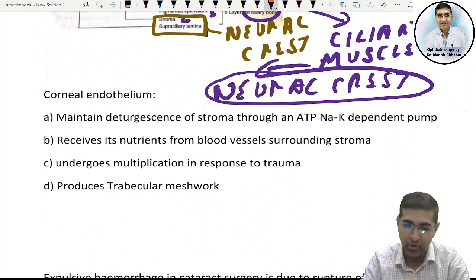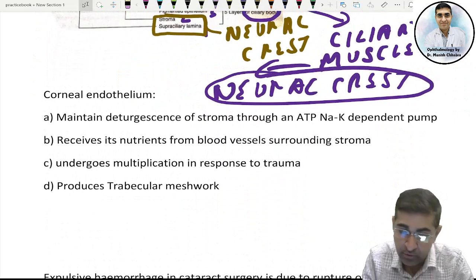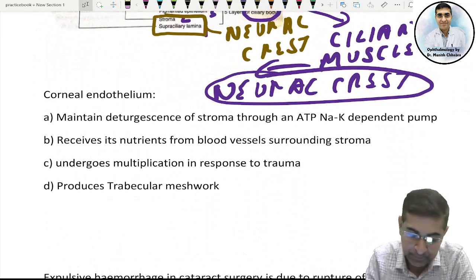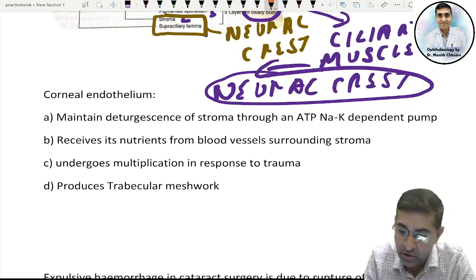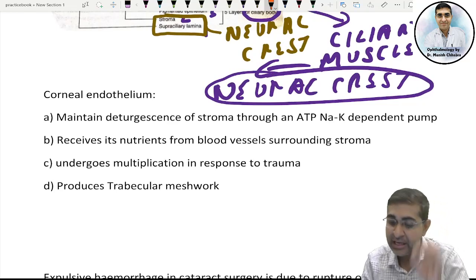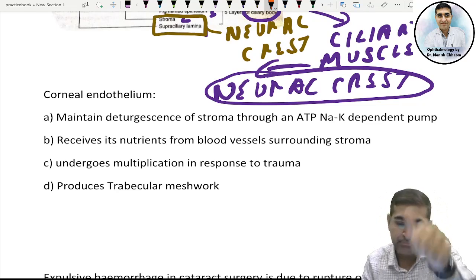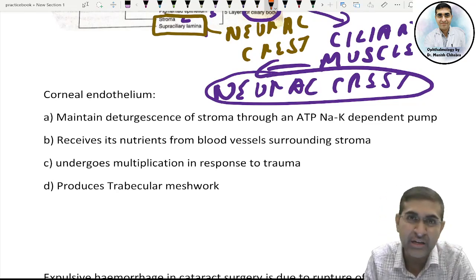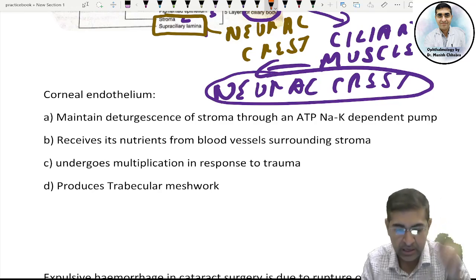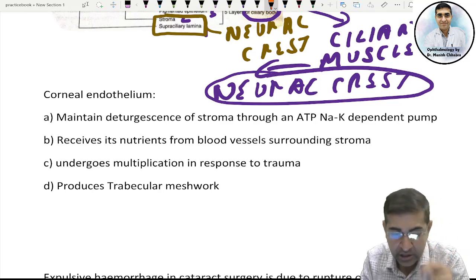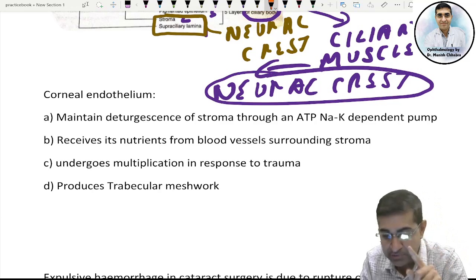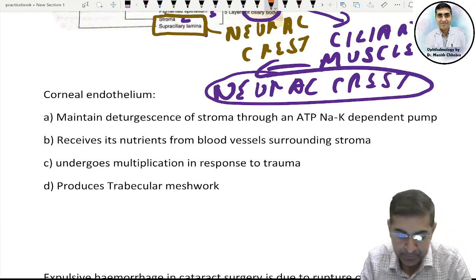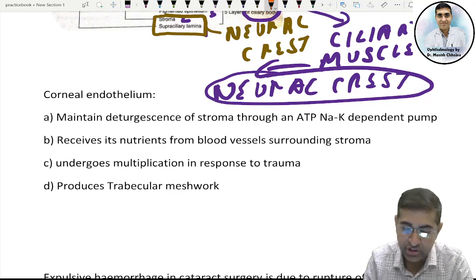Okay, now coming over to corneal endothelium. What is the function of corneal endothelium? Maintains deturgescence of stroma through an ATP sodium-potassium dependent pump. Yes or no? Receives its nutrients from blood vessels surrounding the stroma. Undergoes multiplication in response to trauma, and produces trabecular meshwork.